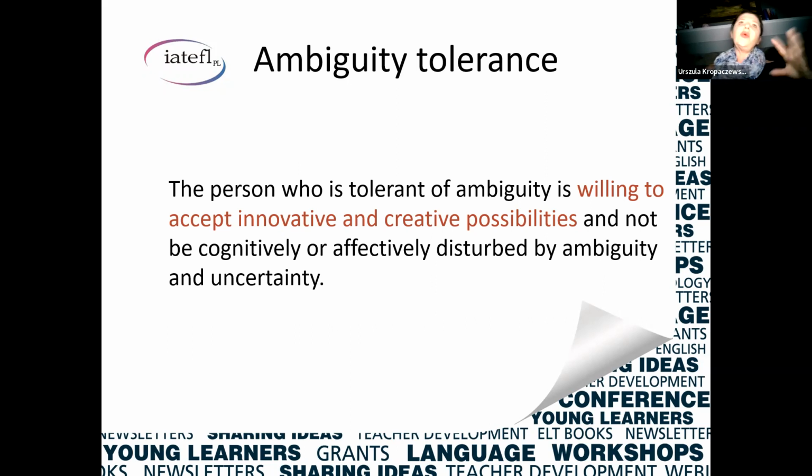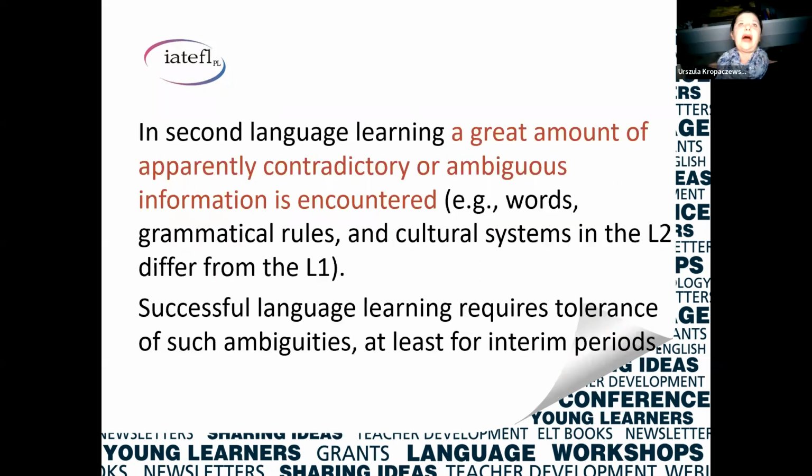Okay, so we need teachers. Some teachers are also tolerant of ambiguity. Some teachers are not. And if we find our features, we should also work them out, because we cannot be too tolerant or completely intolerant of ambiguity, because it will not help our students.